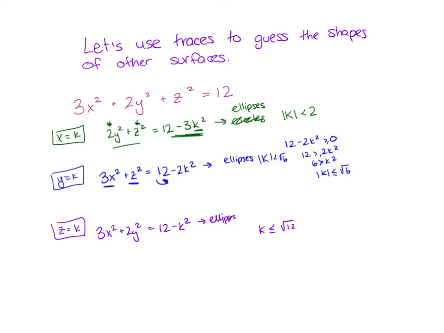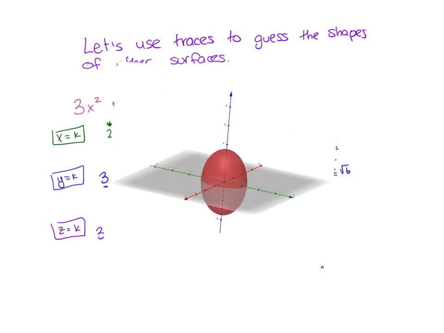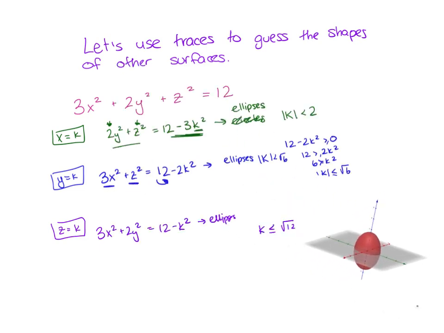So I've got a picture prepped for this guy. This is what it looks like. So in the x direction, let's move over the corner so it doesn't cover too much. If I slice it in that x direction, I'm seeing those different ellipses. If I slice it in the y direction, I'm seeing those different ellipses.